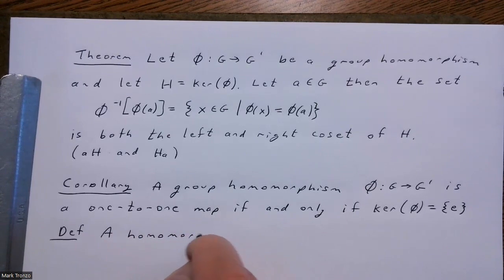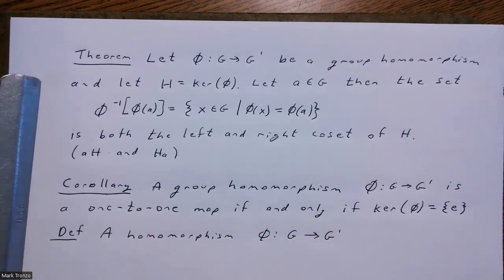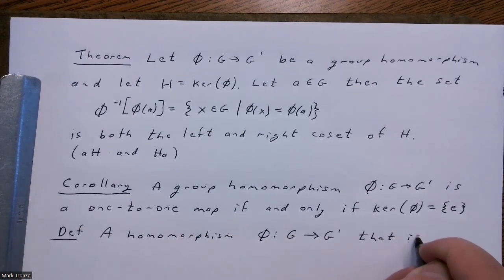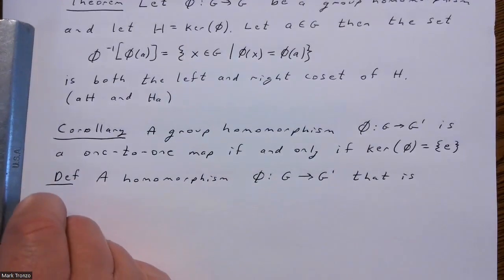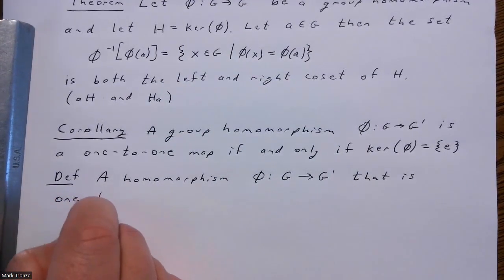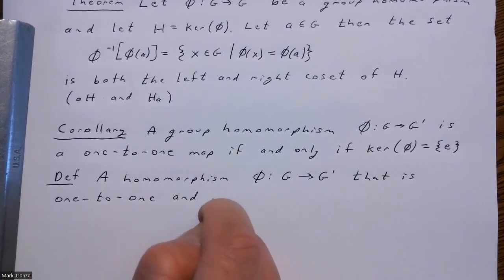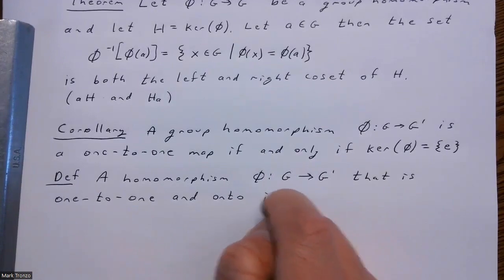A homomorphism from G to G prime that is one-to-one and onto is called an isomorphism.